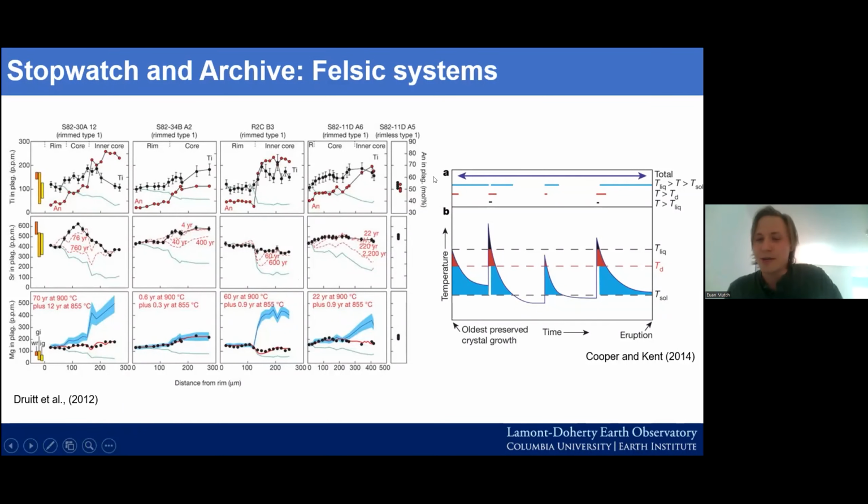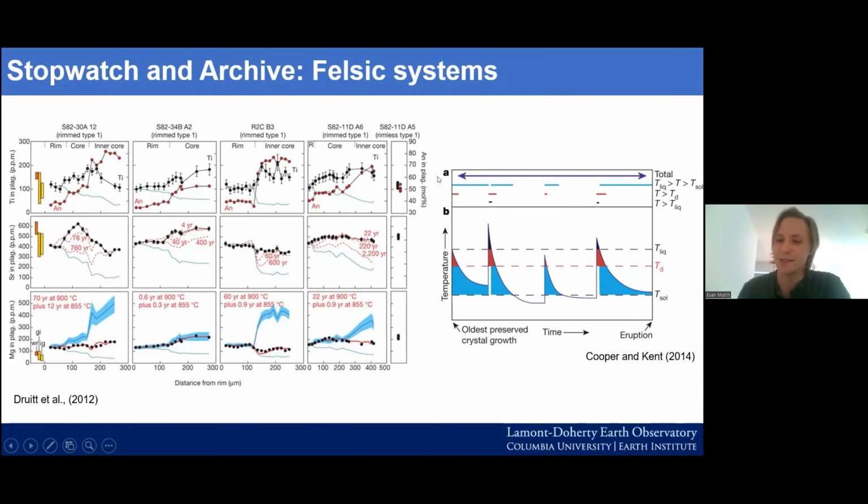But also the discrepancy between diffusion timescales calculated using trace elements in plagioclase like magnesium and strontium, and crystallization ages obtained by uranium series disequilibria, has provided valuable insights into the conditions of crystal storage.